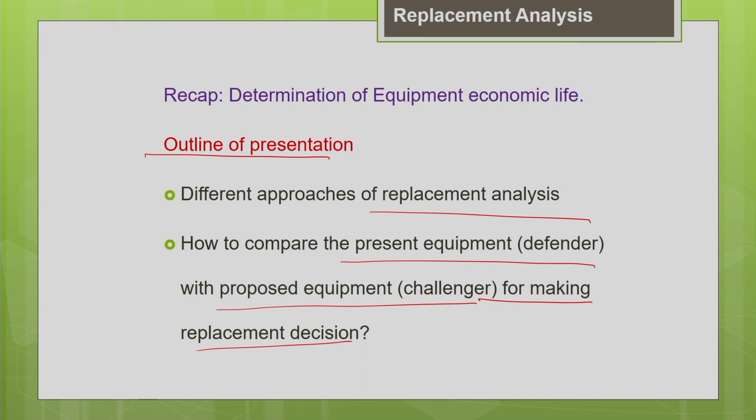Now we will learn how to compare the Defender with the Challenger, so we can decide whether the Challenger is suitable for replacement, and also find the optimum replacement time by comparing them. That is what we are going to discuss in the upcoming slides.